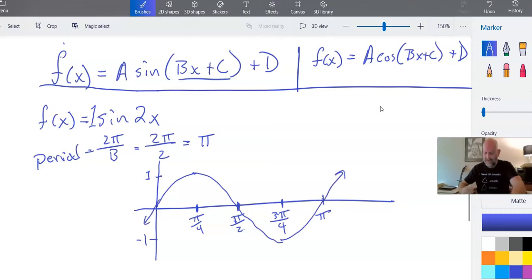And it's a good idea, even though it doesn't always show up when you graph it, to get in the habit of writing those arrows on the end so that you know it continues, right? It doesn't just stop where you see it. But yeah, we have now altered the period of a sine function. Okay, so here's what I want to do here. Let's go ahead and clear this off.